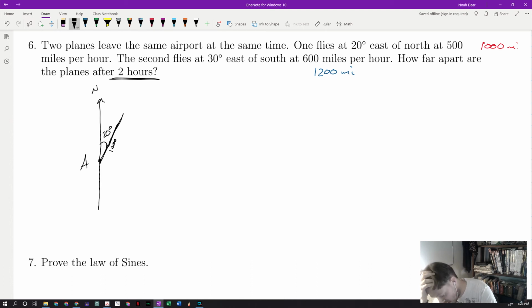So I'll draw in south. And then 30 degrees east of south is going to be a bit more out. And it's a full 1,200 miles, so it's a little bit longer here.